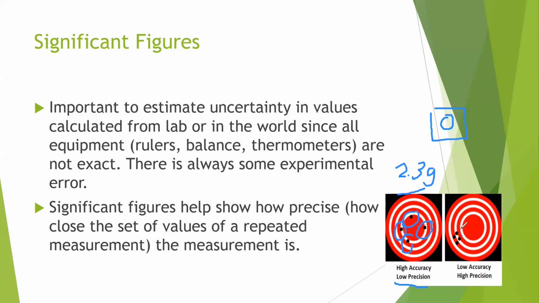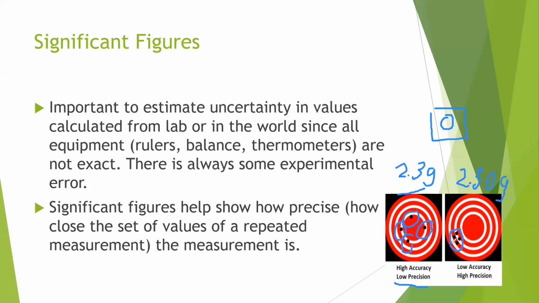However, if the measurements are extremely close, like here, then we could have more digits, like 2.30 grams. We have an extra digit because we know it's more precise because the values are closer together.